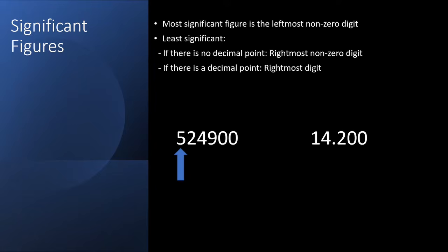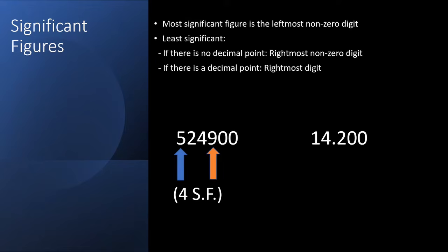So this is the most significant figure in my number. Now, there is no decimal point, so the rightmost non-zero digit is the least significant, which is in this case the 9. So if you count how many significant figures from the least to the most, you will find that there are 4 significant figures.